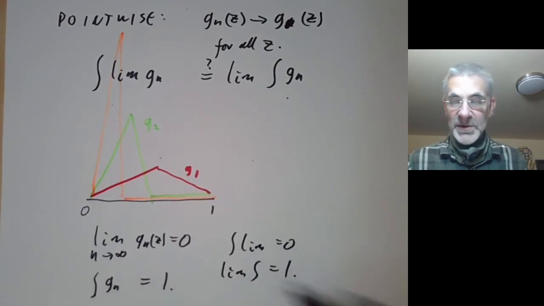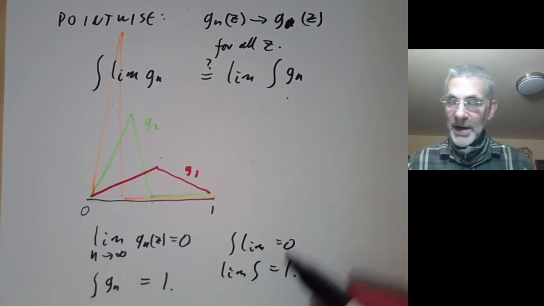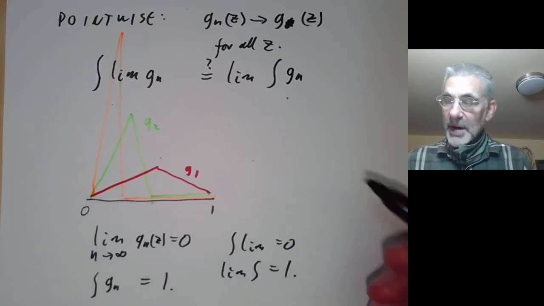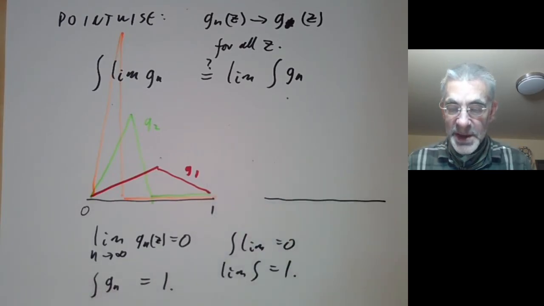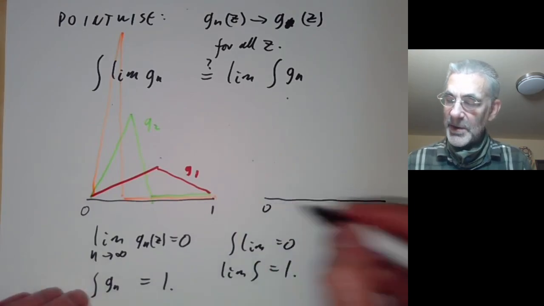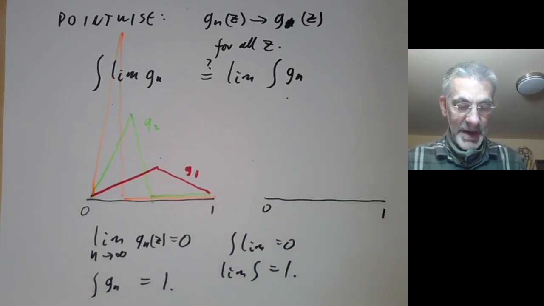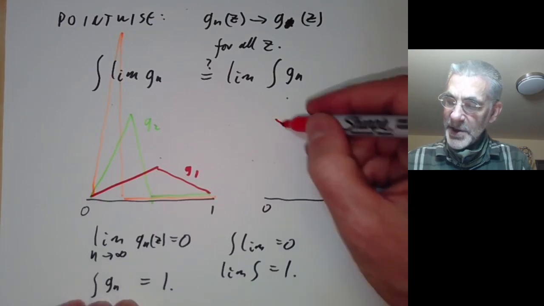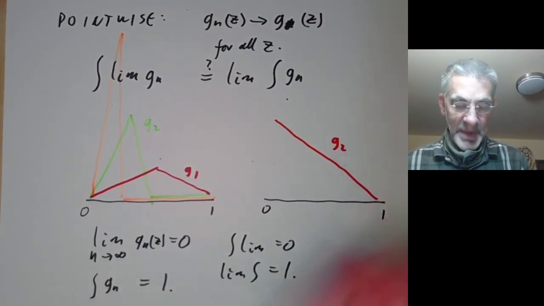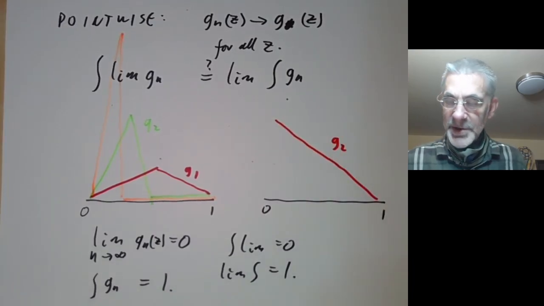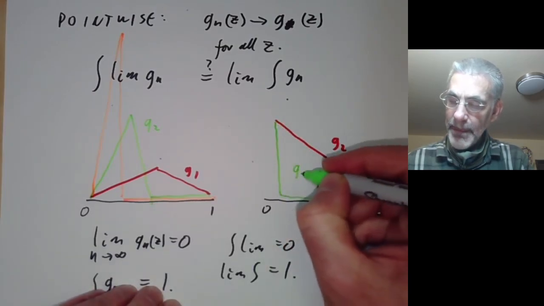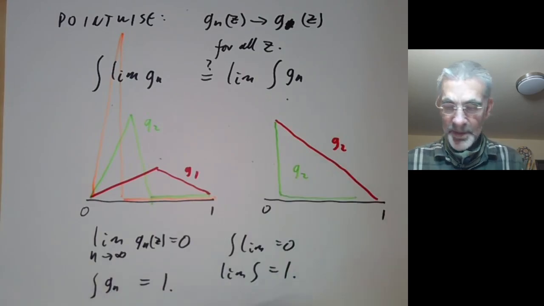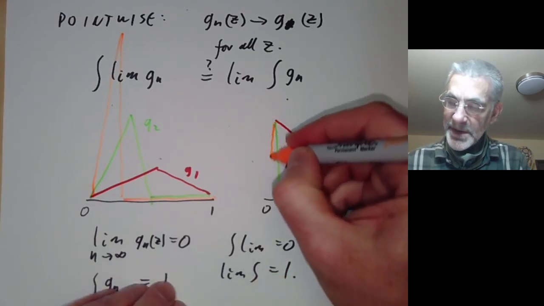And this is really undesirable. Another example is that the limit of a sequence of continuous functions need not be continuous. So here I might take g1 to look like this, and g2 might look something like this, and g3 might look something like this.